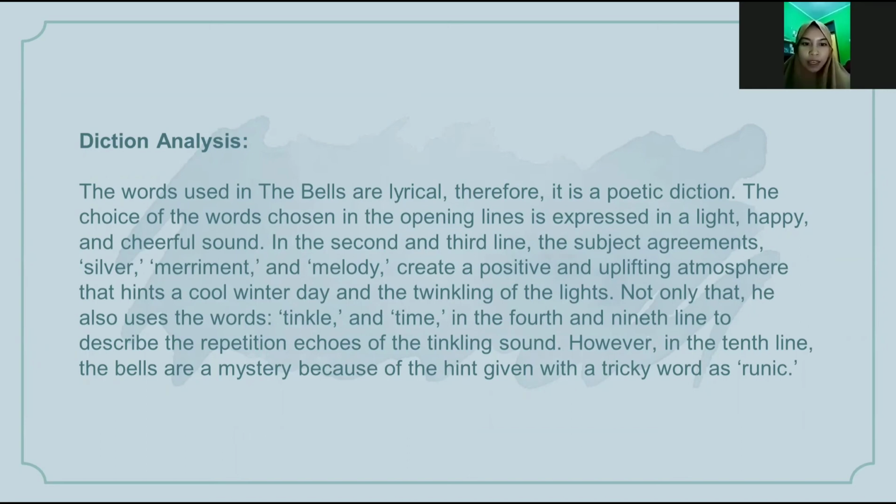Not only that, he also used the words tinkle and time in the fourth and ninth lines to describe the repetition echoes of tinkling sound. However, in the 10th line, the bells are a mystery because of the hint given with a tricky word, runic.